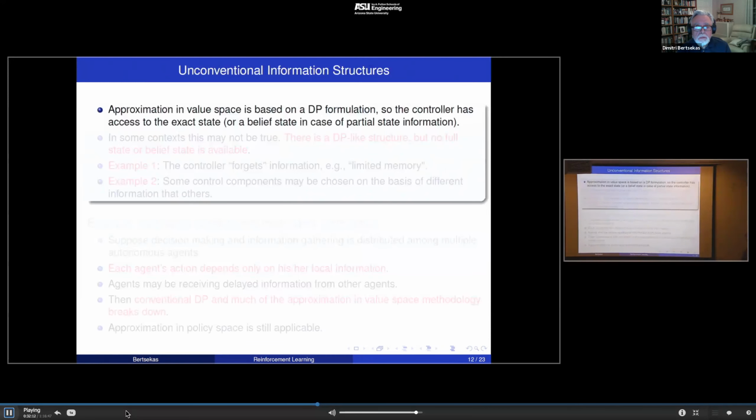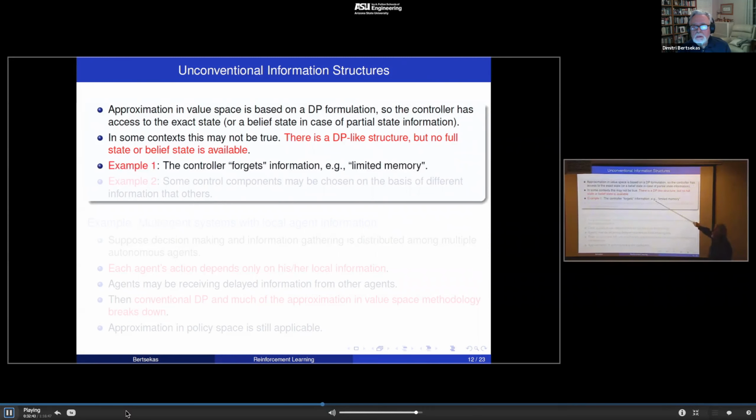Okay, unconventional information structures. Approximation in value space is based on dynamic programming, and there the premise is that the controller has access to the exact state, or in the case of partial state information, to a belief state. However, there are contexts where this may not be true, where there is no full state or belief state available in all parts where the decisions are made.